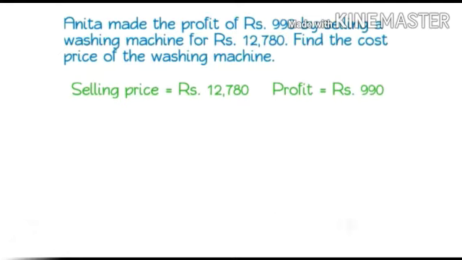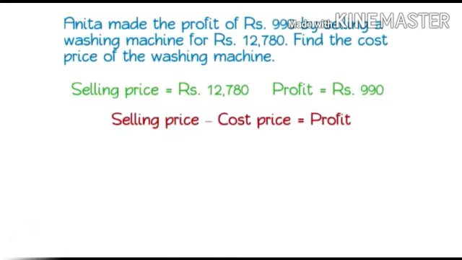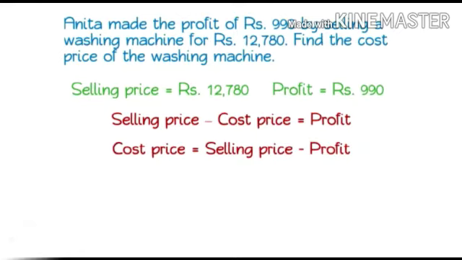The formula is selling price minus cost price is equal to profit. So, from this formula, cost price is equal to selling price minus profit. Put the values in this formula: 12,780 minus 990, which is equal to 11,790 rupees. Therefore, the cost price is 11,790 rupees.